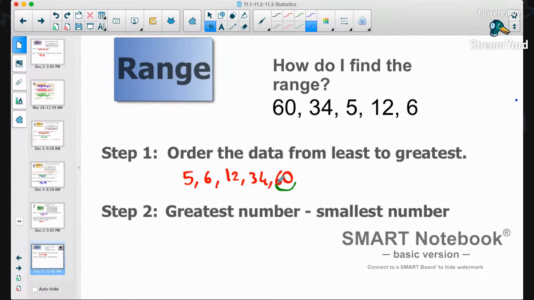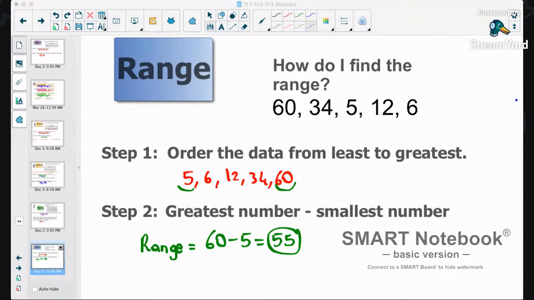As you see, 60 is the greatest value, and 5 is the least value. To find the range, you need to subtract the smallest number from the greatest number. Then you will find the range. 60 minus 5, 55 is your range. I hope so far so good.